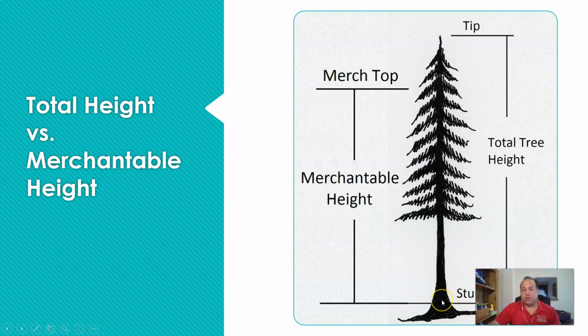But if it's a pulpwood tree, which I'm going to chip up and grind down until it becomes paper and all of that, maybe I can go way up here. So you'll usually hear something like to a 6-inch top or to a 4-inch top or to a 3-inch top, and that is your merch top, and that's where you're supposed to be aiming. But it's very difficult to master that skill, so it takes a lot of time and effort, whereas total tree height's a little more obvious.